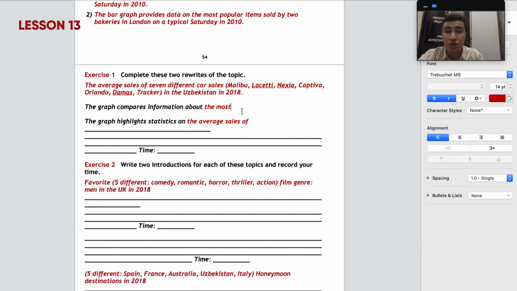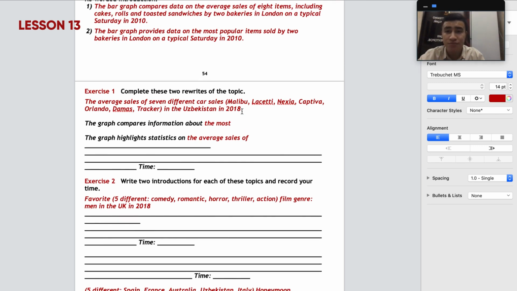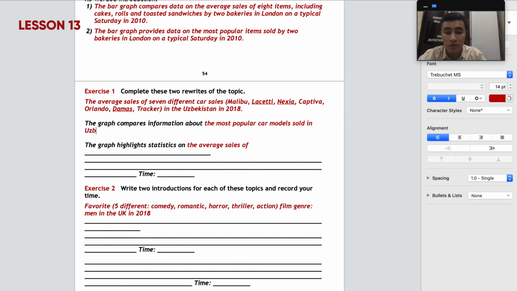Let's write the first version. The graph compares information about the most popular car models sold in Uzbekistan in 2018. This is our first version.